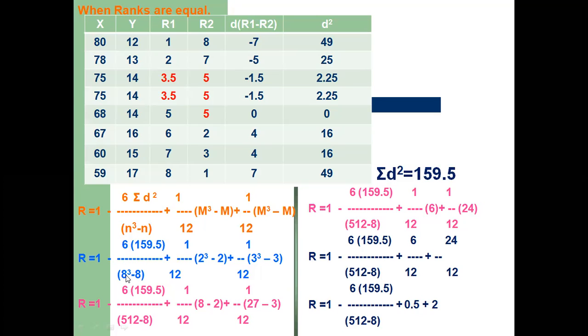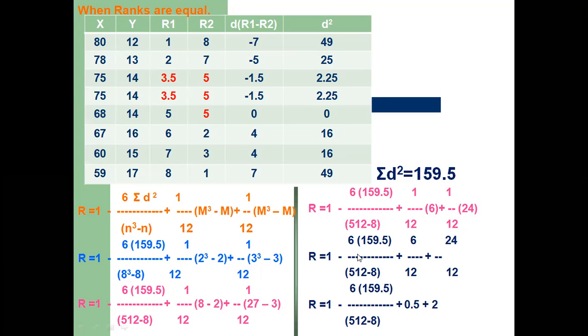Here 8 is the number of observations. 8 cube is 512, minus 8. Then r is equal to 1 minus 6 into 159.5 plus 1 by 12 into 6, plus 1 by 12 into 24.